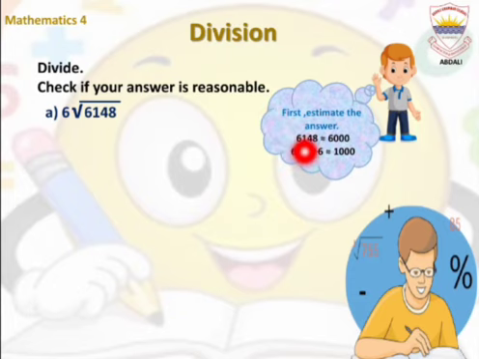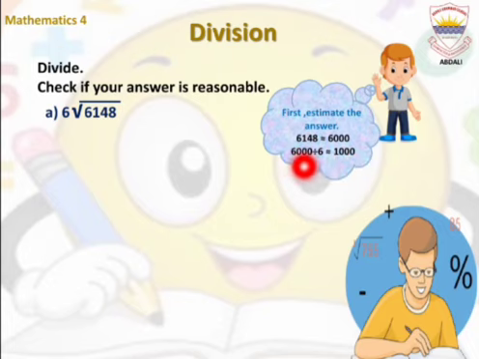We estimate 6148 up to the thousands place. At the hundreds place 1 is written, so no change at the thousands place. So we write 6000 as it is and we write 3 zeros instead of the hundreds, tens and ones.